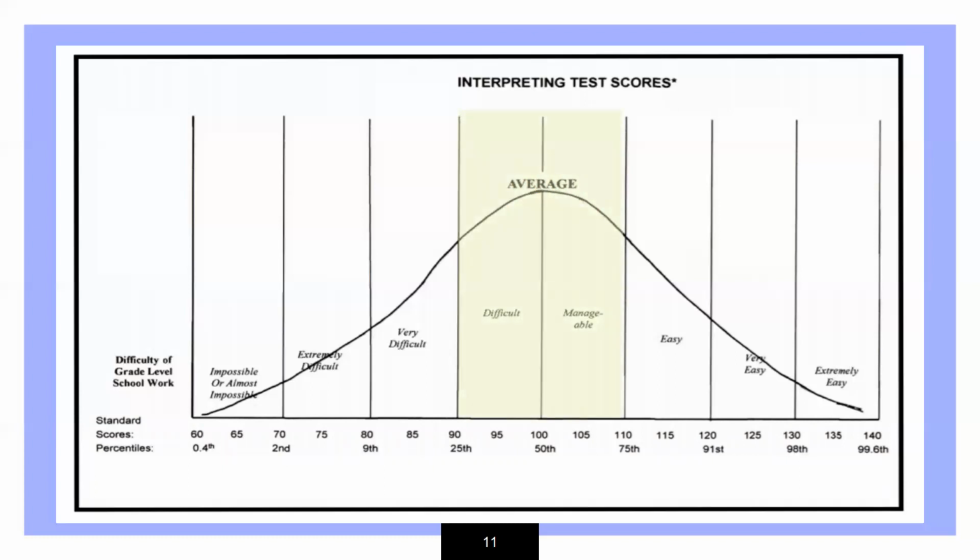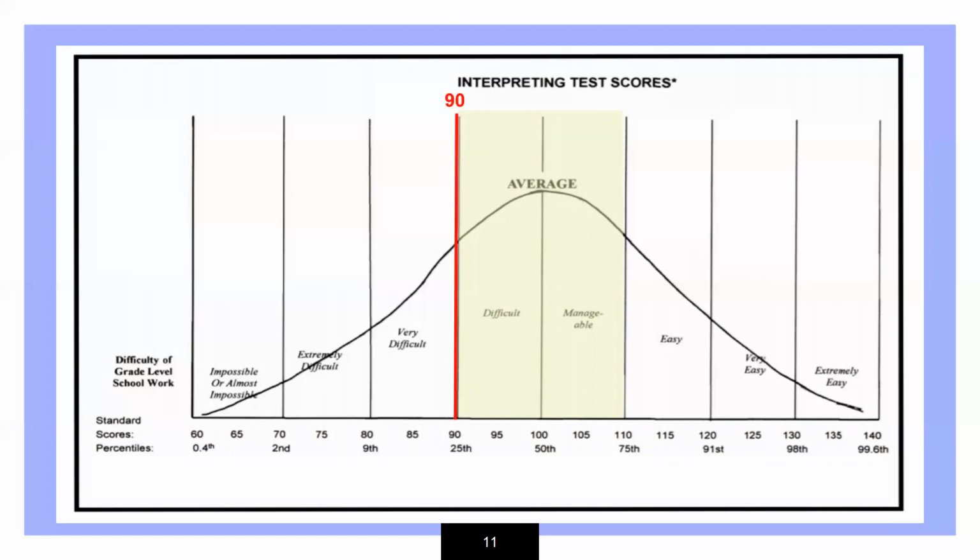So for our standard scores, we know that average is considered to be from 90 to 110. But if we go down now to our percentiles, that standard score of 90 really lines up with the 25th percentile, and that standard score of 110 lines up with the 75th percentile.